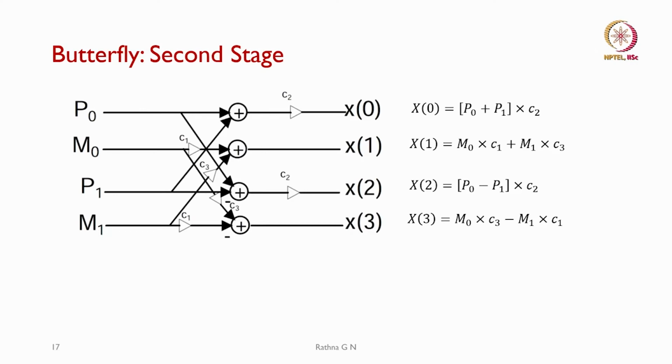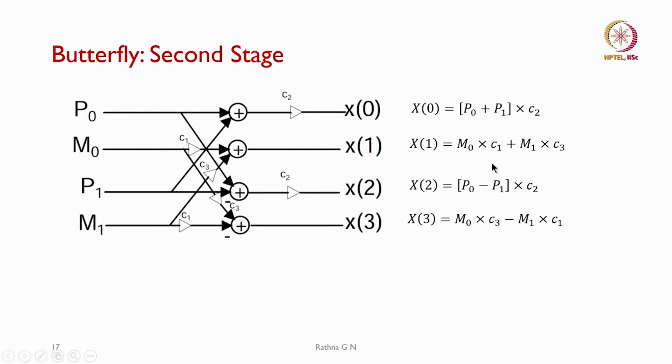Right. So, coming to the second stage, what is going to happen? We have P0 and M0 and P1 and then M1. So, the next stage is X0 is P0 plus P1 into C2. So, we will be multiplying with the C2 coefficient in the last stage. After adding P0 and P1, we will be getting X0.